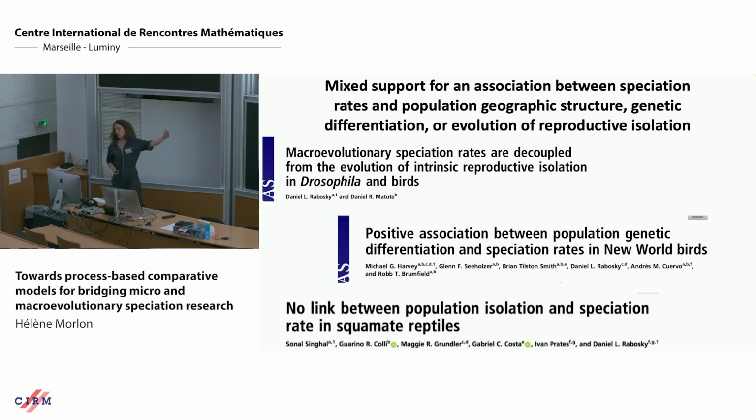Those are three examples where there have been efforts to relate speciation rates at the macro scale to these metrics of population differentiation, genetic differentiation, and so on, with little success.